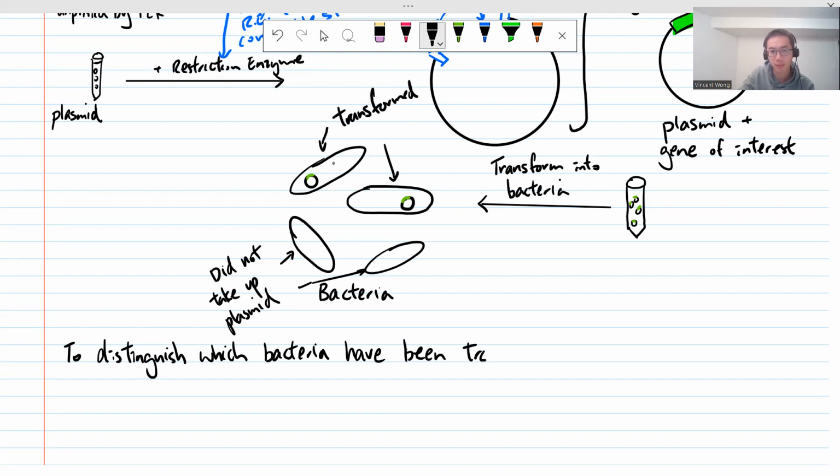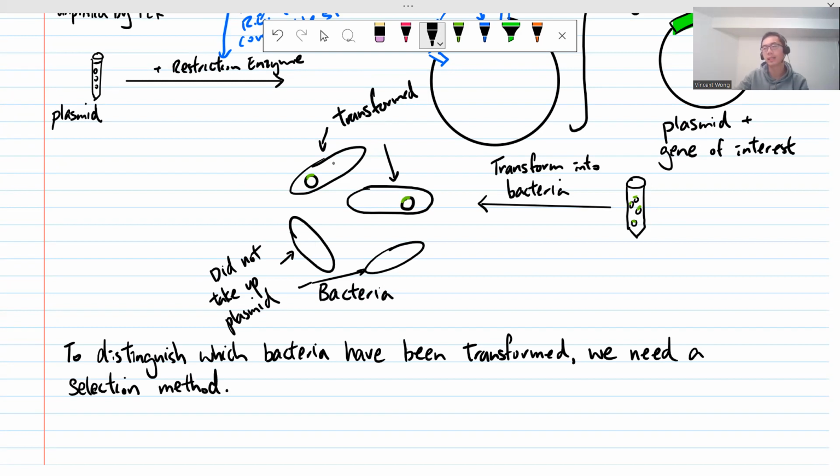You can say transform means accepted the plasmid. We need a selection method.